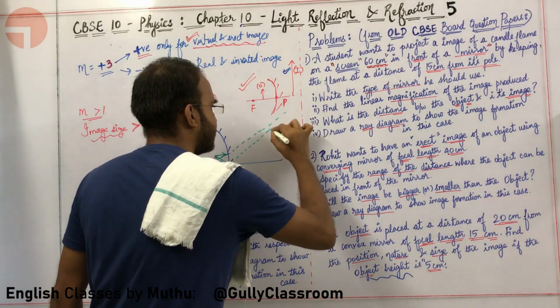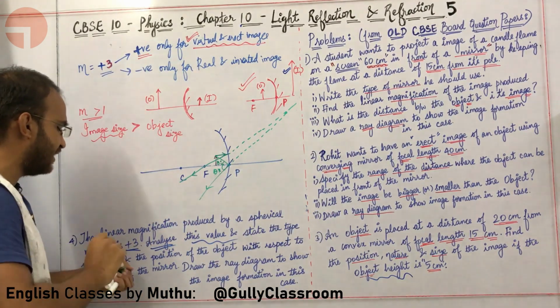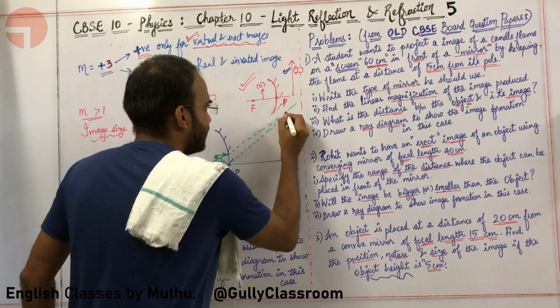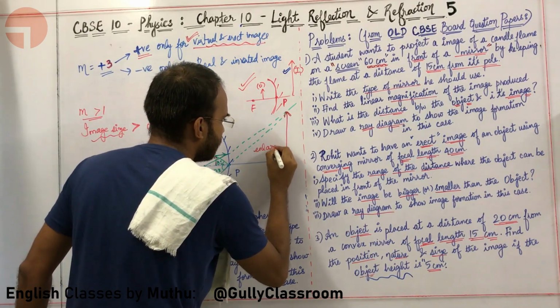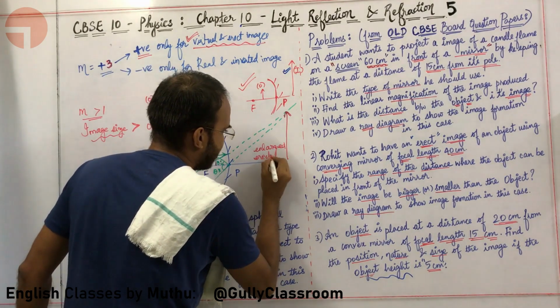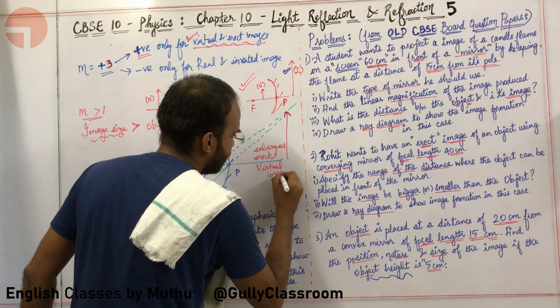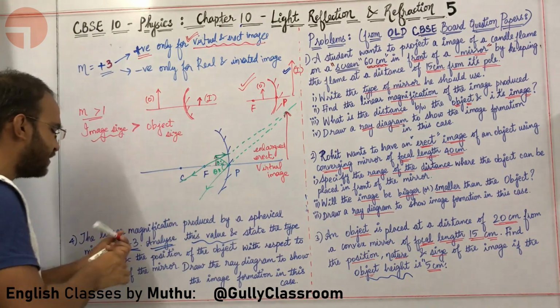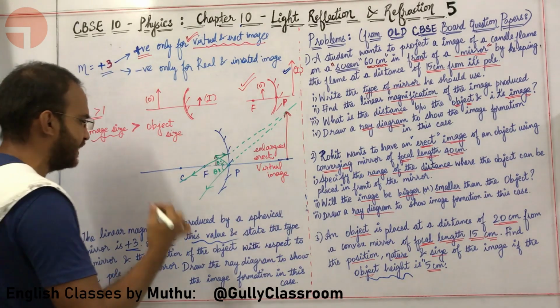If I am going to extend this particular point, these two lines are meeting behind the mirror and forming an enlarged, erect image. If it is erect, automatically it is a virtual image which cannot be formed on a screen. This is basically what is happening here.